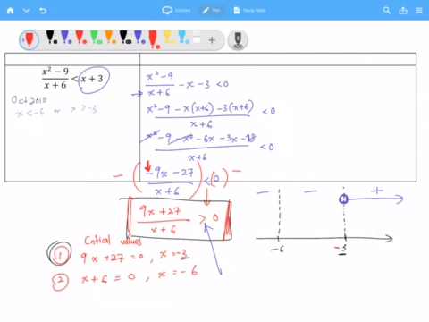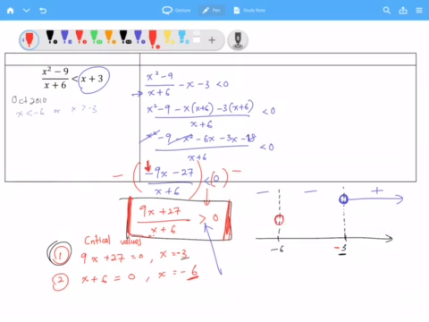So how about our negative 6? Okay, look at our negative 6. We try to substitute negative 6 in this equation. Negative 6 here will result in 0 denominator. We don't want that to happen.